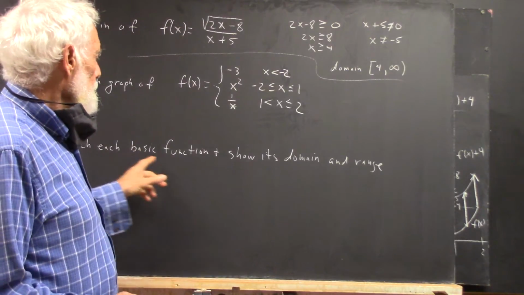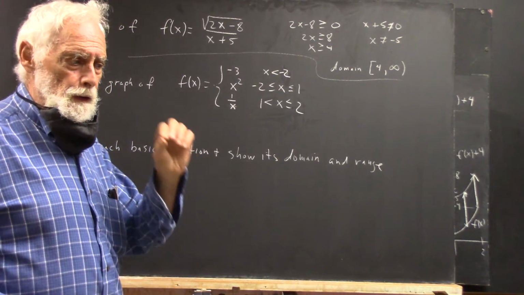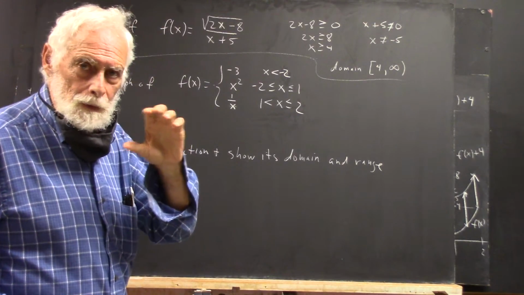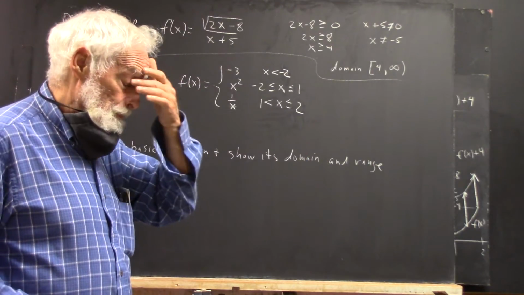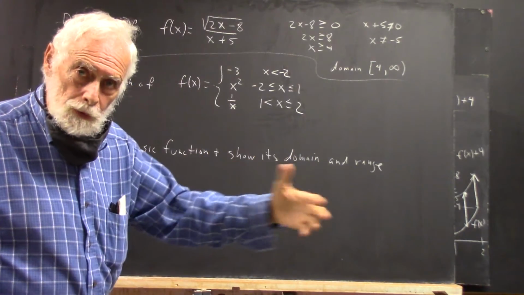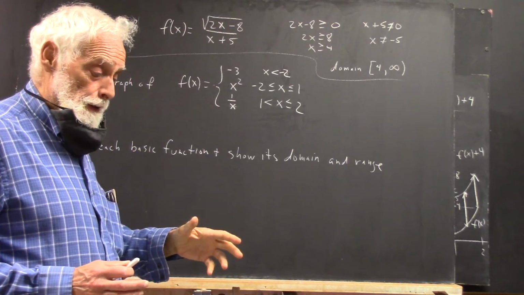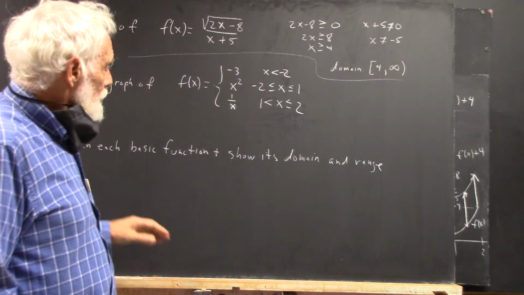Also, remember the basic function is just a function as I define it on the set of numbers negative 2, negative 1, negative 1/2, 0, 1/2, 1, and 2. The numbers within that set at which you can express the result exactly.